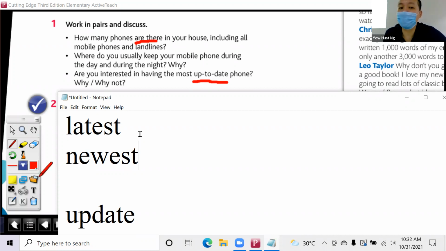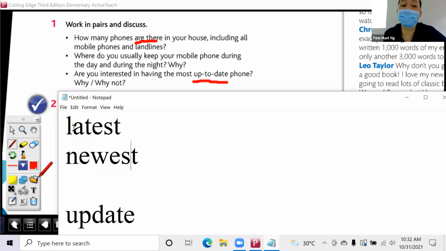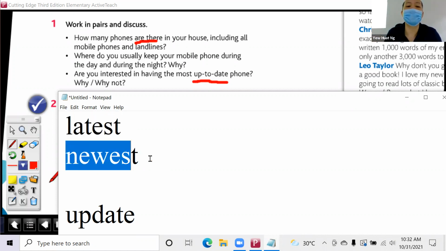So in Chinese, when I say latest, in Chinese, what will I say? Correct. But in English, I say late. 最迟. Can you understand? So in Chinese, you say 最新的. Right? In English, you say the latest phone. That means the latest. Okay. All right. That means in Chinese, you say the 最新. But in English, newest and latest is different.